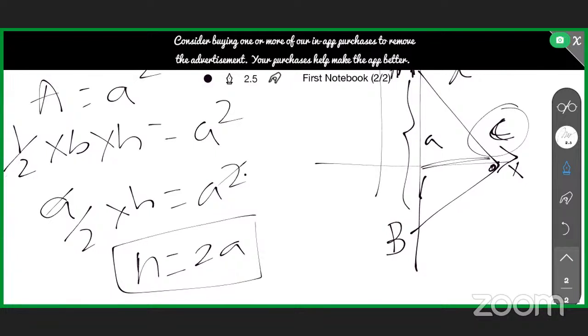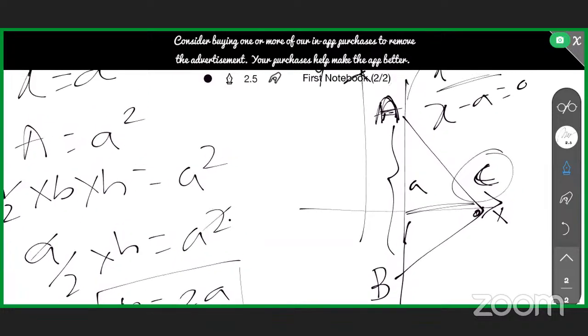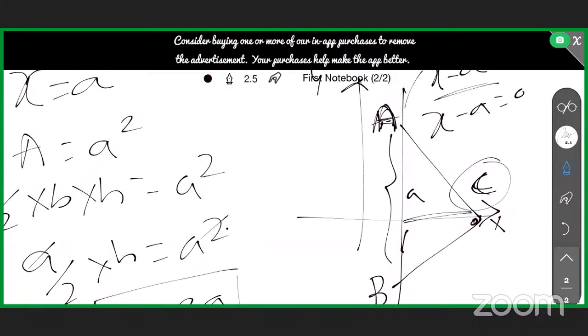So use the equation of this line and find out what will be the value of this height. Use the concept of straight lines. I'm giving a clue now. We got the height of this triangle using the area formula. Now I want you to use the concept of straight lines and tell me what will be the height of this triangle.